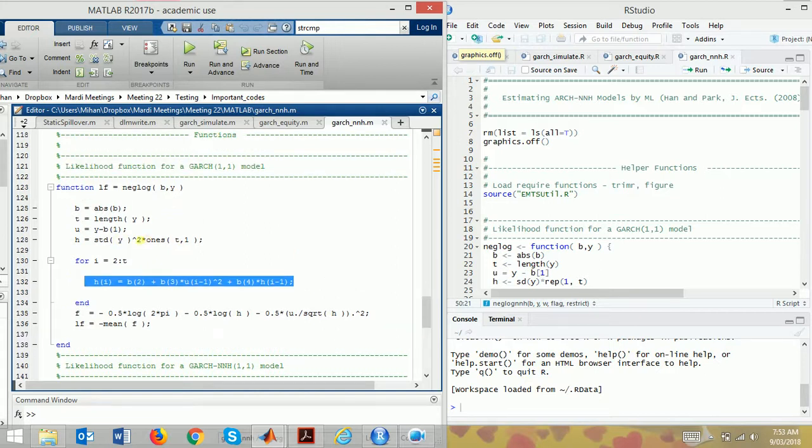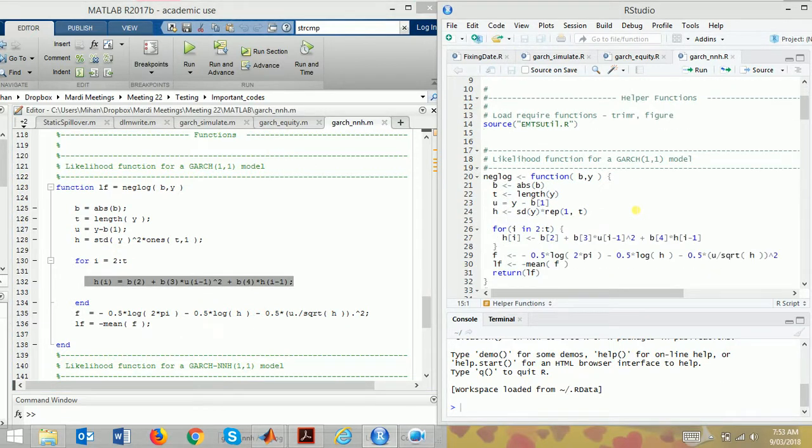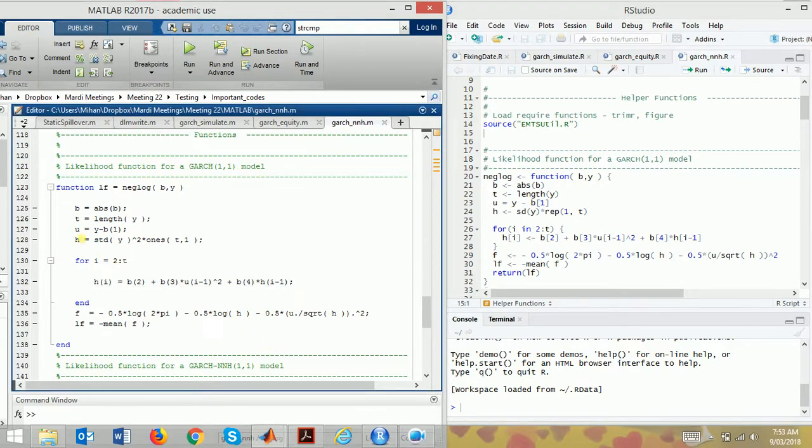So generally y is u, but here y minus beta 1 is u, and beta 1 is 1 minus alpha 1. That is a reason for 1 minus beta 1. That is an explanation for 1 minus beta 1.